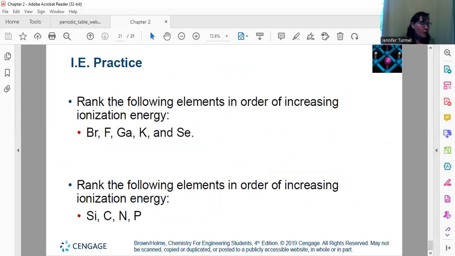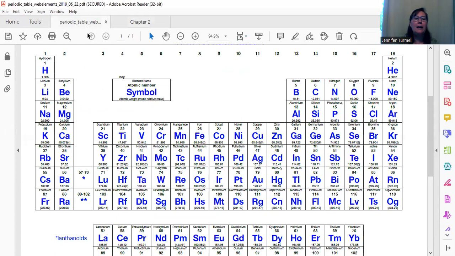All right, so now our last slide here is telling us that we are going to be ranking our elements. Hopefully write these down if you don't have a notes template handy, and let's take a look now. First of all, the first things that we're going to rank are going to be bromine, and I'm just going to circle them again because it's so easy to see there.